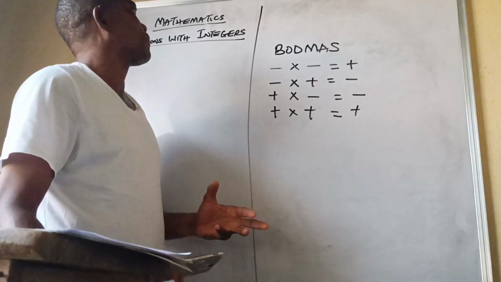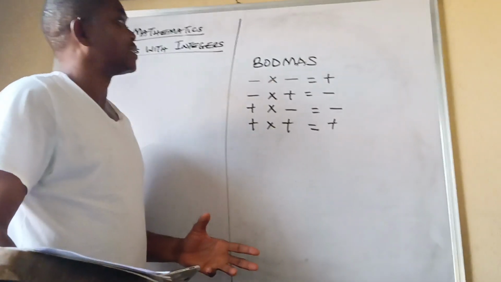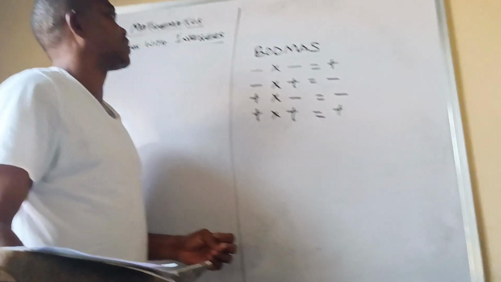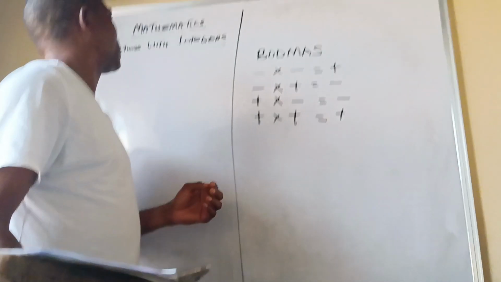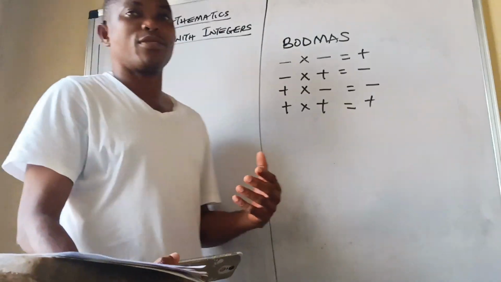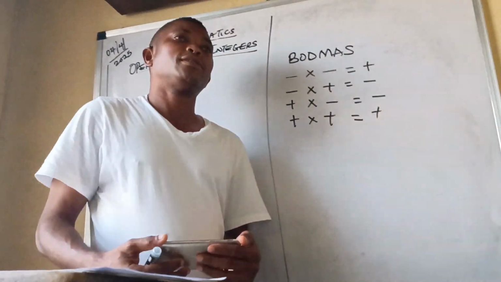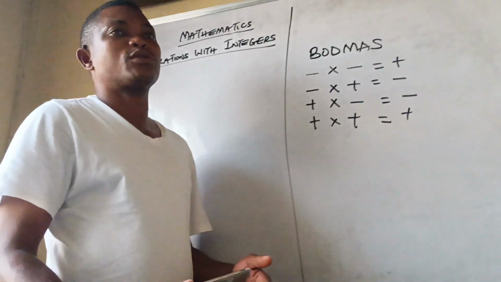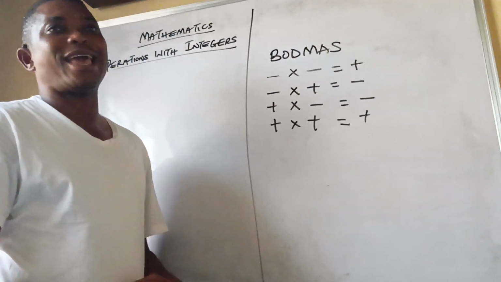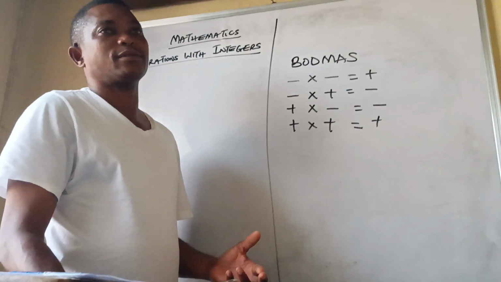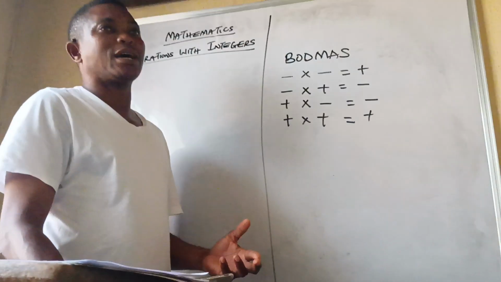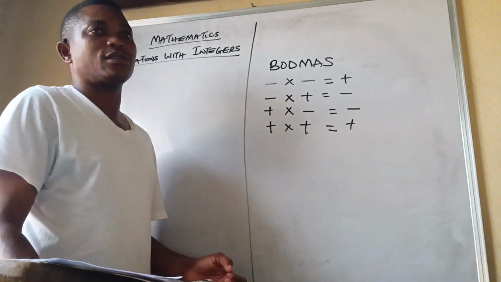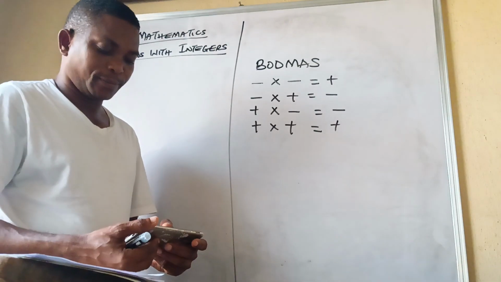So by the end of today's class, we should be able to perform operations with numbers. We should be able to solve questions on exponents. We also look at some other concepts during the course of the class.